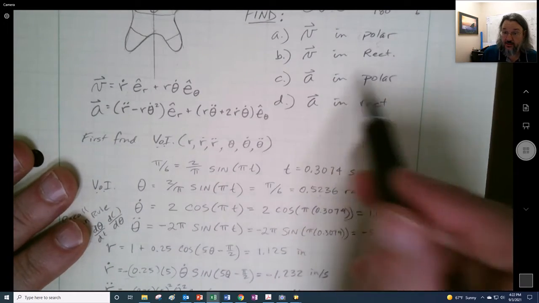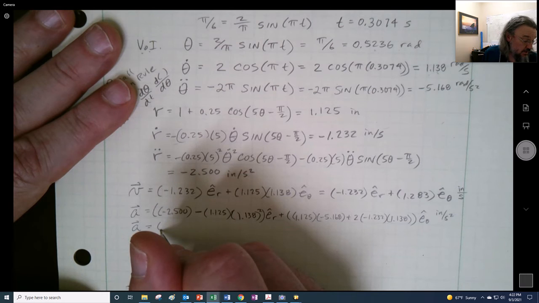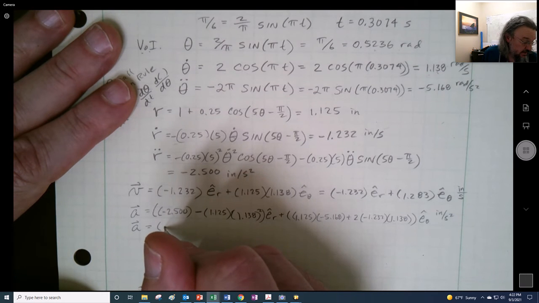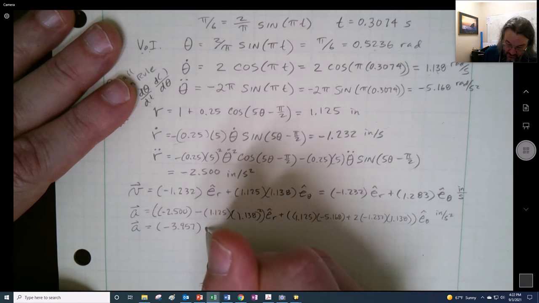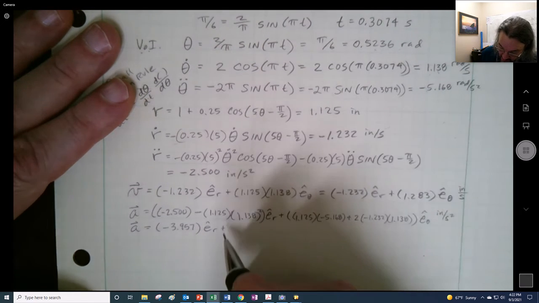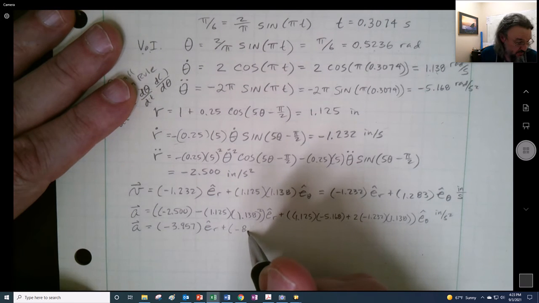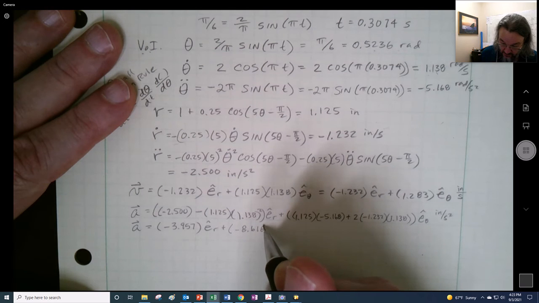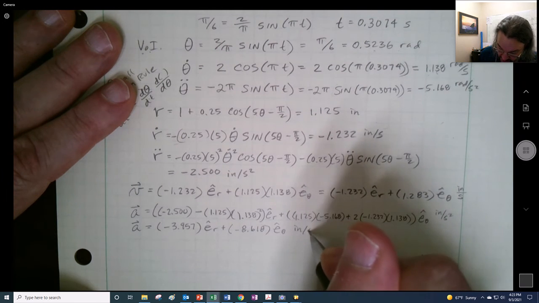I asked for acceleration in terms of polar coordinates. So we get a negative 3.957, if I did the math right, and there's nobody saying that I did. And then this one is going to be negative 8.618 e theta inches per second squared.